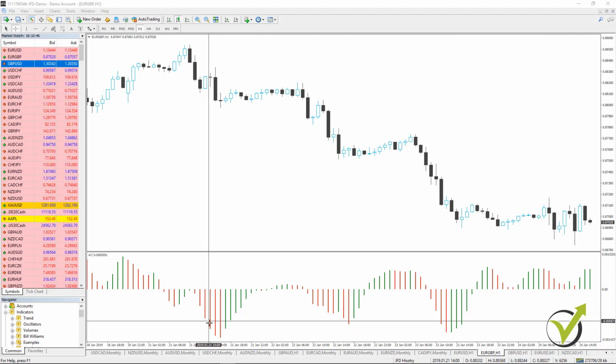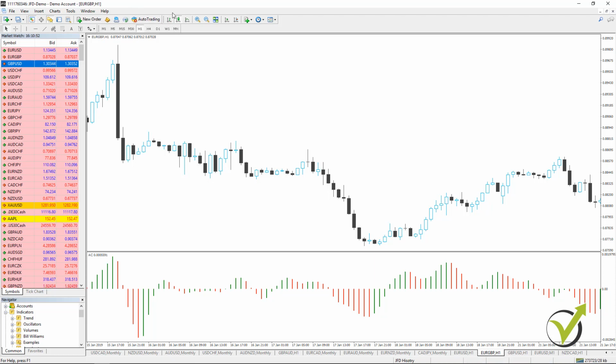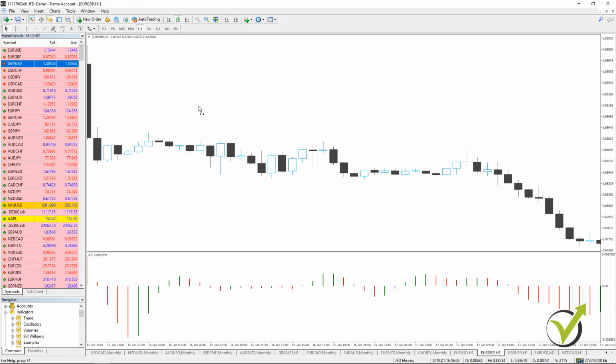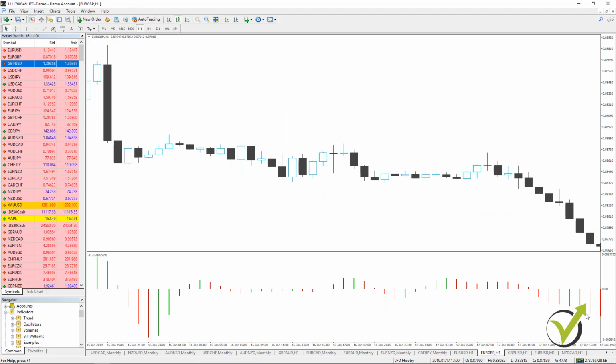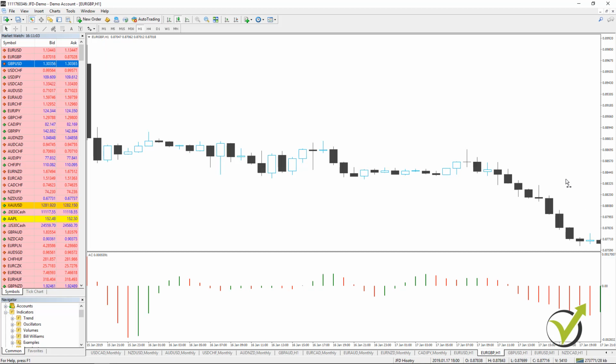For example, over here, let me move the chart this way, I will just zoom it a little bit. So here you see we have negative and negative and negative bar, and then right here we have a smaller bar, but during this time it's moving because the price is moving during this 1 hour.